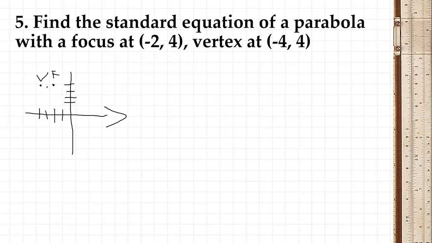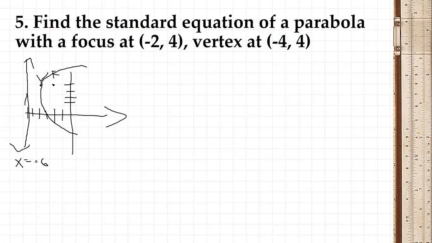We know that our focus is in front of our vertex, meaning the opening would be to the left. And then our line of directrix: how many steps from vertex to focus? 1, 2. So the vertex to the line of directrix is 2 steps behind as well: 1, 2, 3, 4, 5, 6. So x is equal to -6.